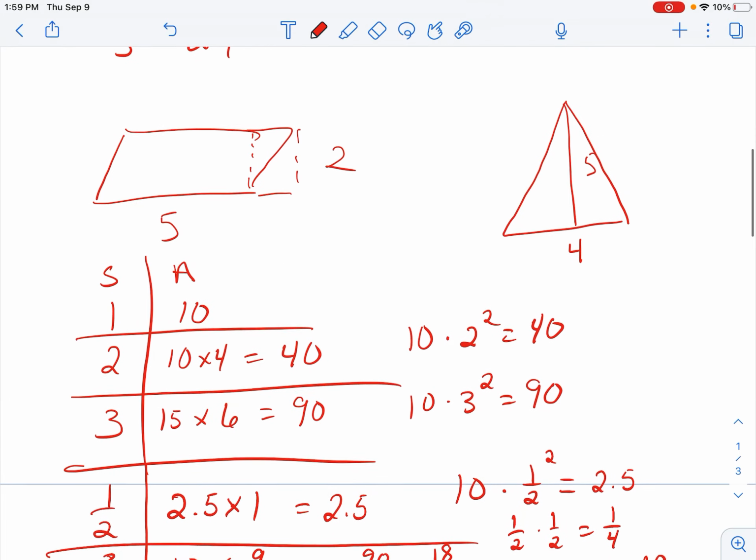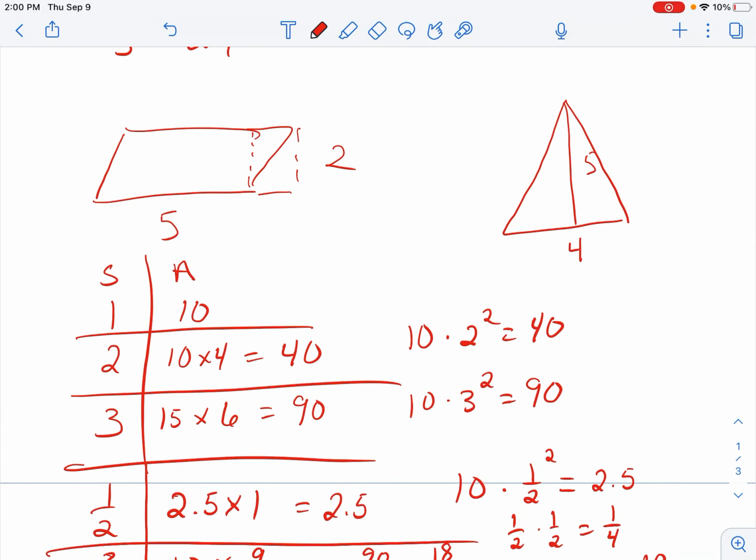Okay, same goes for the triangle, except area of a triangle is equal to base times height times 1/2. So 4 times 5 is 20. Half of 20 is 10. So this would be 20 times 1/2.